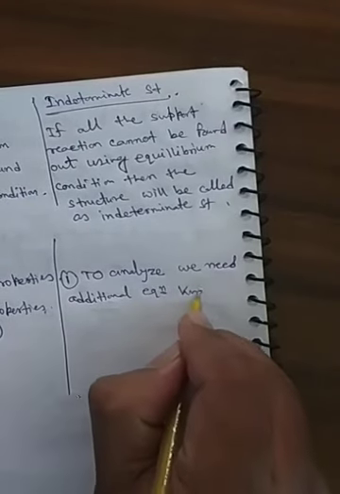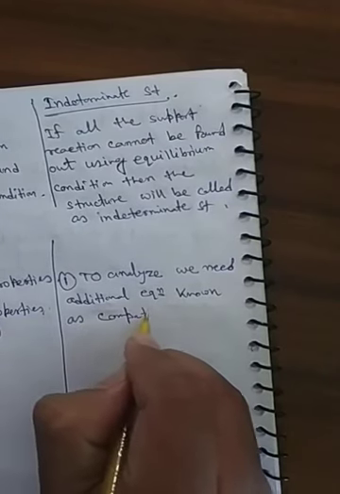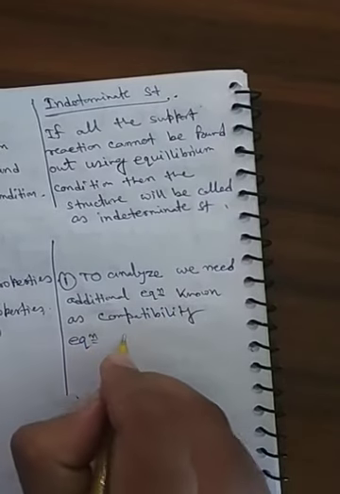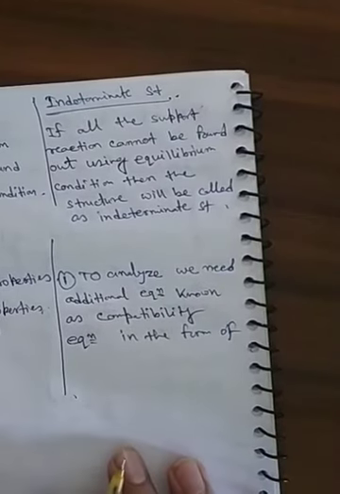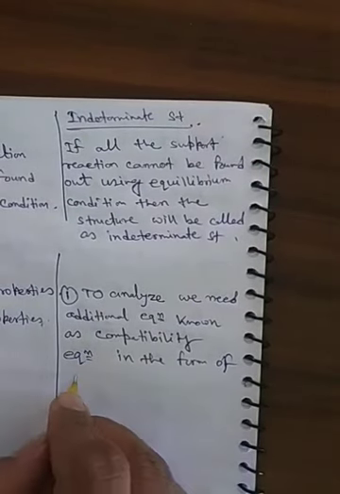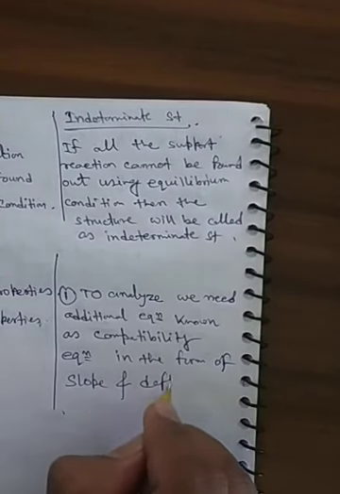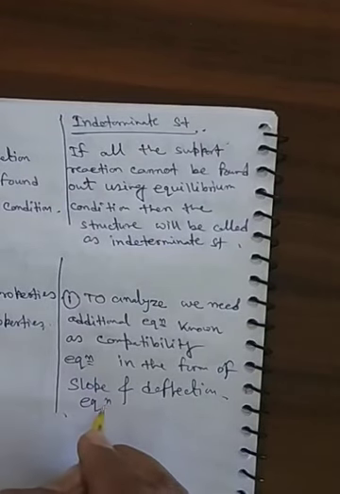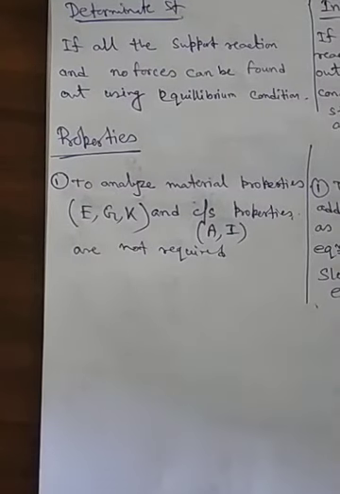That additional equation is known as the compatibility equation, in the form of slope and deflection. What is slope and deflection? We will come to it later. The slope and deflection equation. Okay, so these are the properties.